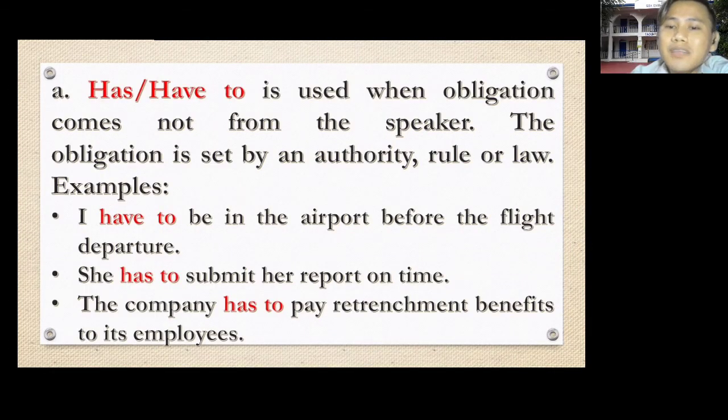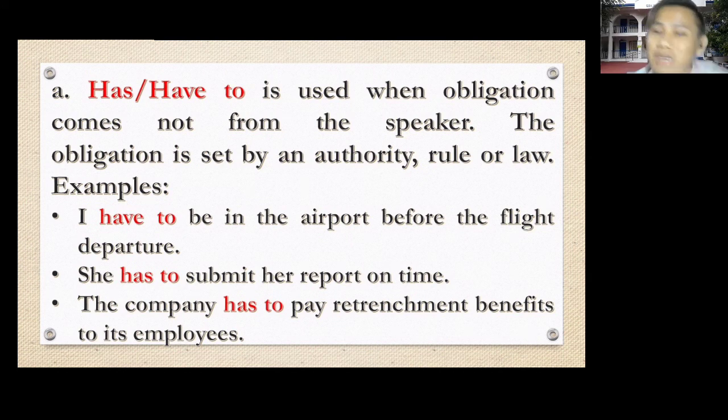Okay, so in our example, let us focus first on has or have to. So when do we use it? So it says here that it is used when the obligation comes not from the speaker. The obligation is set by an authority, rule, or law.